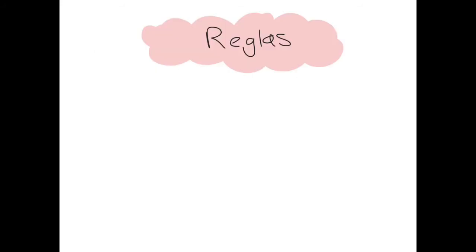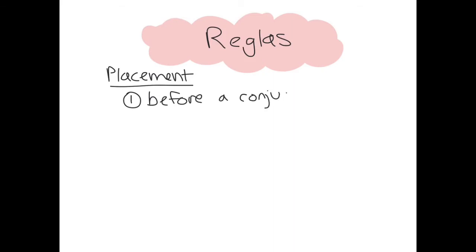So our reglas, of course there are rules, it's grammar. The big thing with these is placement. Now that we know what the four DOPs are that we're using, and again there are more, where do we put them? Well, the first situation that's the most common is before a conjugated verb. Every sentence will have a conjugated verb because it has to be a sentence. So if you know this rule, you're good to go.